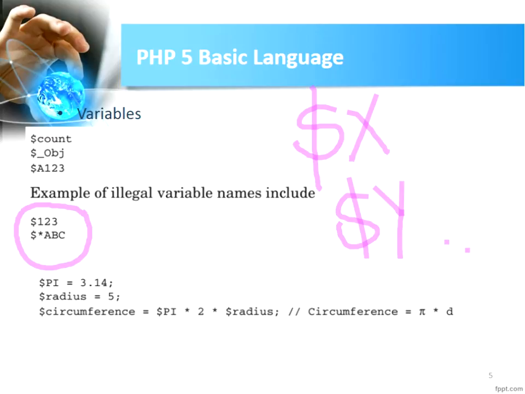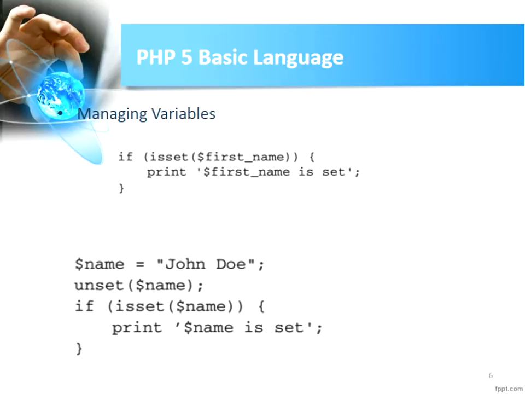For example, $X or $Y, etc. So $123 and $ABC represent examples of illegal variable. So we cannot create a variable in PHP that begins with a symbol or number like 1 or star.